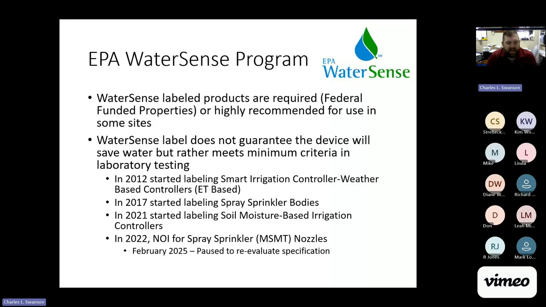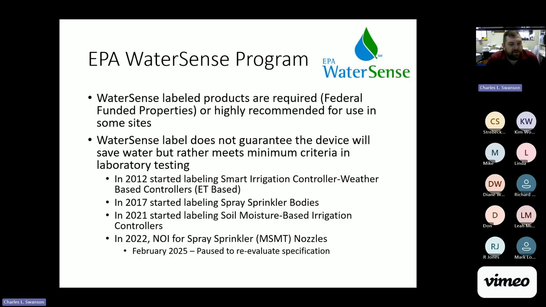And so that came first. And then a few years later, in 2017, they came out with the specification and started putting the label on spray sprinkler bodies. Then in 2021, they came up with a label for soil moisture-based irrigation controllers and their sensors.